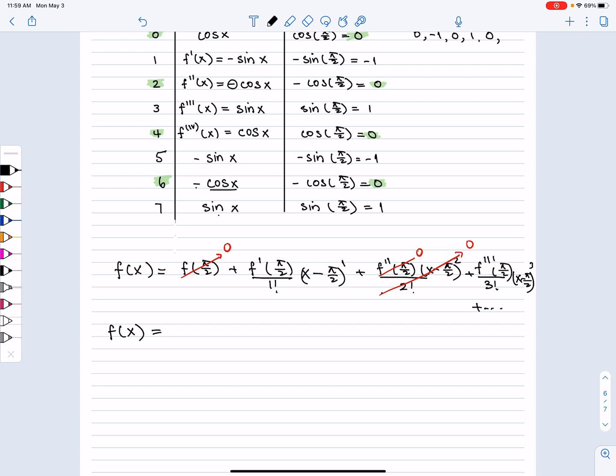So f prime at pi over 2 is -1. F triple prime is going to be a +1.